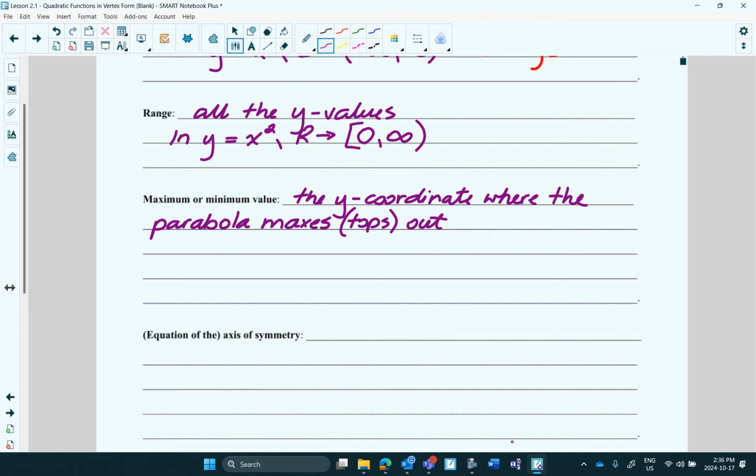That's if it's upside down. If it's upside down, it's got a maximum, because it has a point where it tops out. That point's the vertex, but we only refer to the y coordinate.